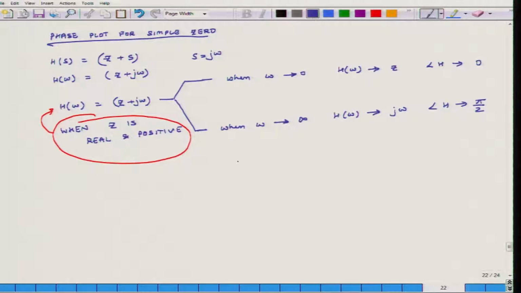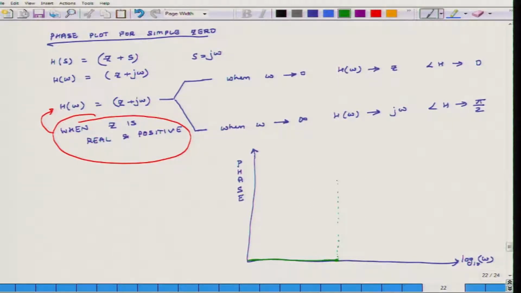So, in this case, when I do a plot for phase, this is my phase in radians. The low frequency asymptote is a horizontal line and the high frequency asymptote is also a horizontal line.